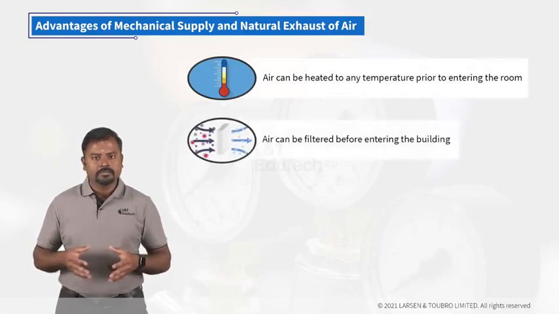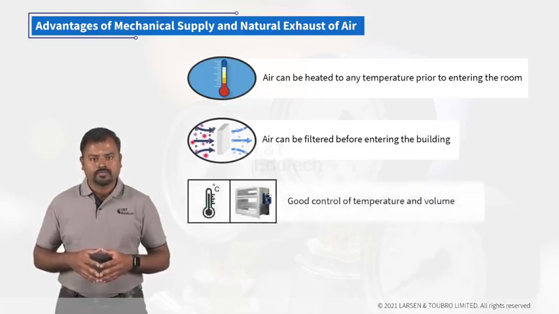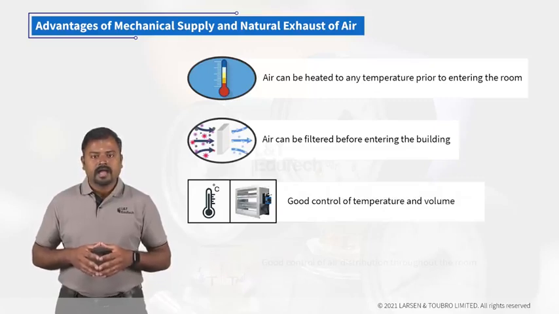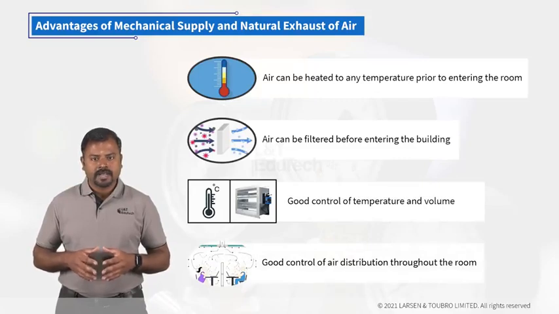Air also can be filtered before it enters the building to meet the IAQ requirements. Using the fan, we can control the volume of air being supplied to the space. This will help us achieve good control of temperature and air movement within the space. Air duct distribution can be planned within the space, which will further help us to achieve proper air distribution within this space.